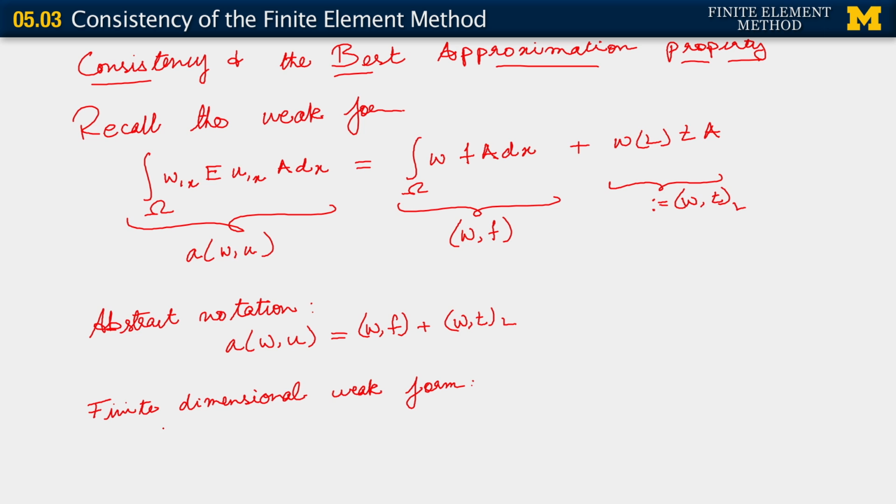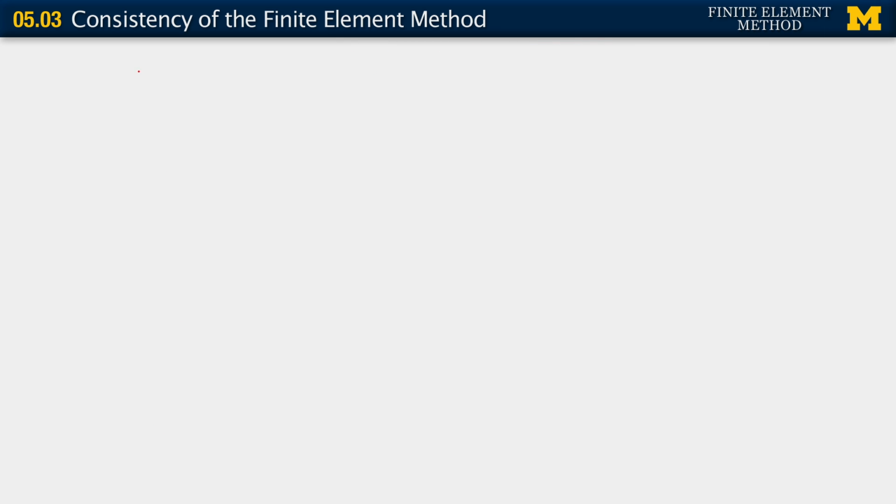The finite dimensional weak form. Let me go to the next slide, just so that I have enough room. Integral over omega w h comma x E u h comma x A dx. Again, I've written sigma h as E u h comma x.